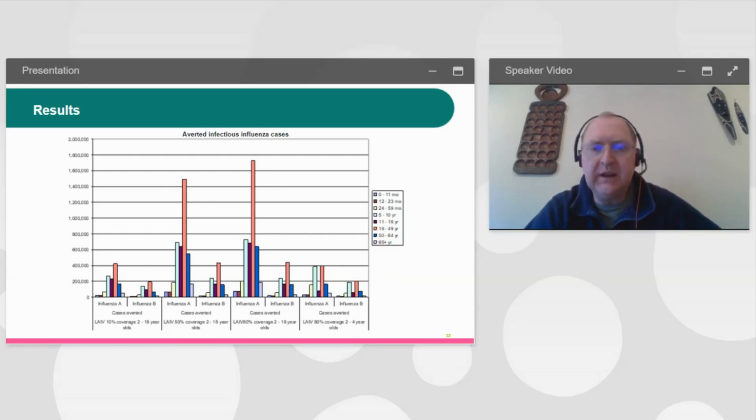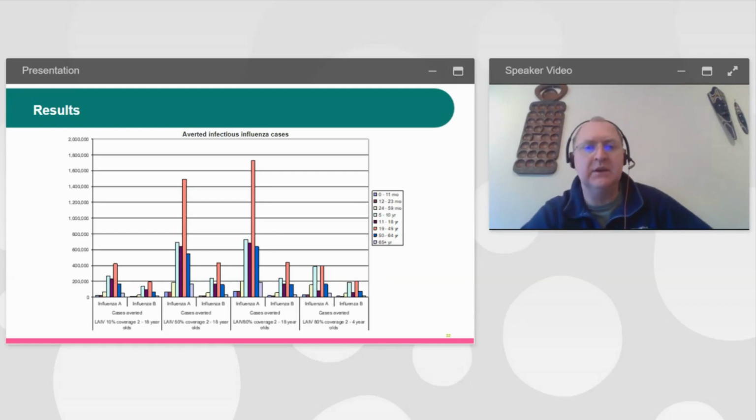What is particularly interesting is that, and it becomes more obvious as coverage increases, there are a significant number of cases averted in age groups that are not targeted for vaccination, so age groups other than the 2 to 18-year-olds.